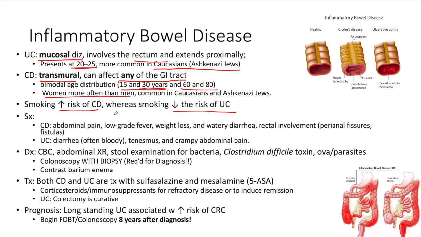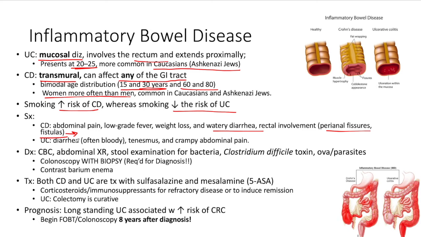So, an interesting tidbit there. In terms of symptoms for Crohn's disease, we're looking for abdominal pain, low-grade fever, weight loss, watery diarrhea, perianal fissures, and fistulas. This is really all the things we look for with Crohn's disease. In terms of fistulas, if it's a female, we can have a colovaginal fistula, and in that case the patient presents describing some sort of very malodorous discharge.